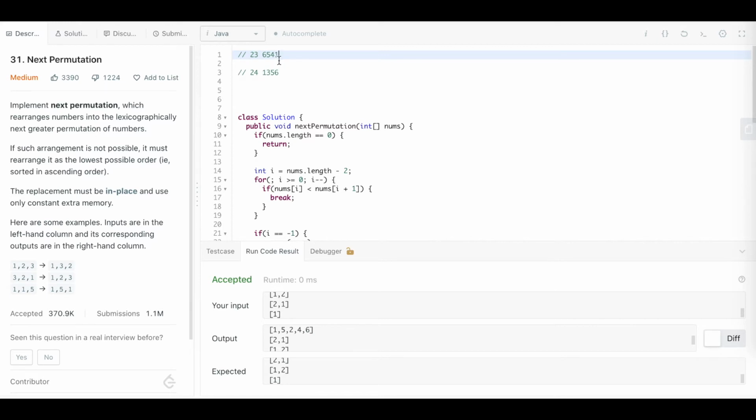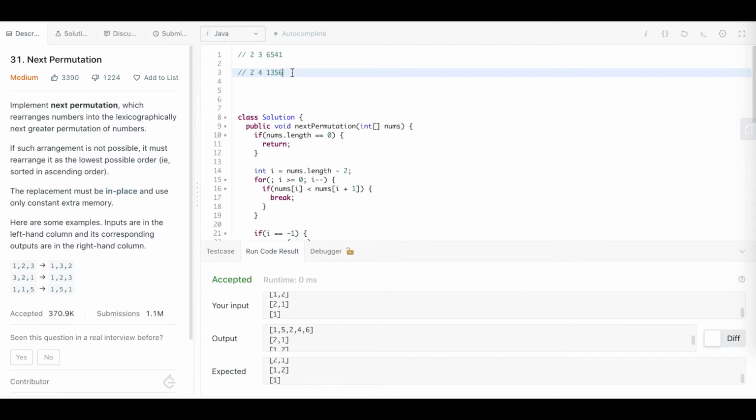We observe here that 1, 4, 5, 6 are in increasing order. And 3 is the first digit not in increasing order if you read from right to left. So here we find 3.